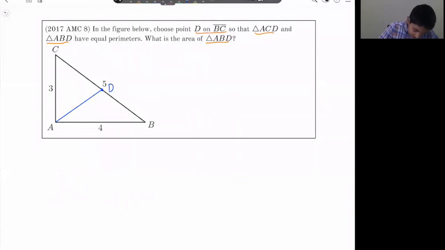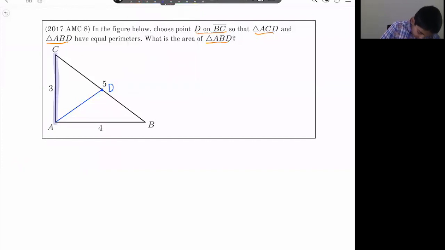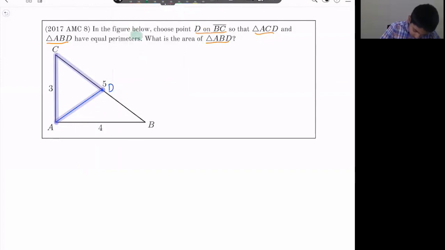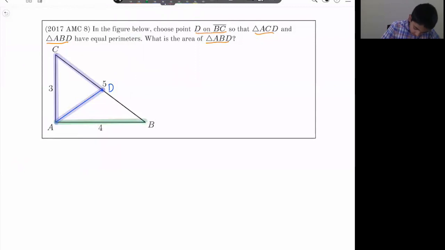And we're given that ACD and ABD have equal perimeters. So let me just mark with the highlighter this purple triangle, and this other triangle, this green triangle.